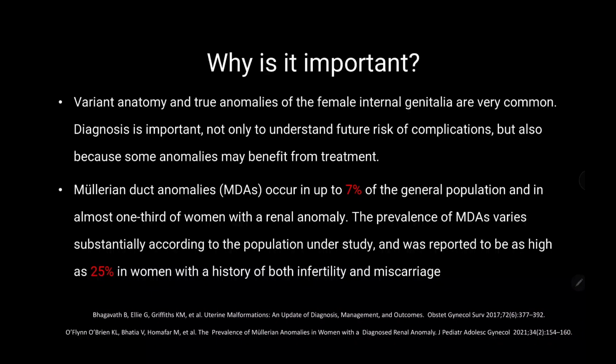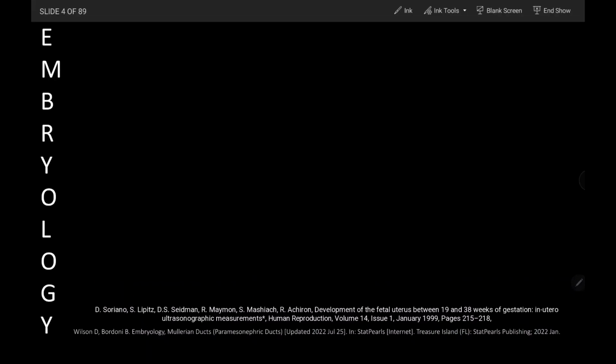Before we talk about the Mullerian duct anomalies, we have to know about embryology in a brief way. After conception, in the zygote, there are two ducts, the Wolffian duct and the Mullerian duct. The Wolffian duct is the mesonephric duct and the Mullerian duct is the paramesonephric duct. In a female, there is no Y chromosome.